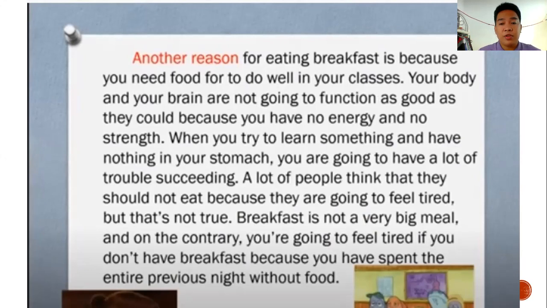A lot of people think that they should not eat because they are going to feel tired, but that's not true. Breakfast is not a very big meal. On the contrary, you will feel tired if you didn't have breakfast, because you have spent the entire previous night without food.